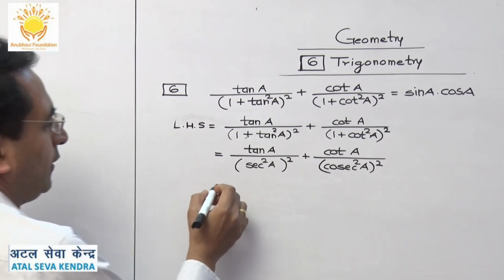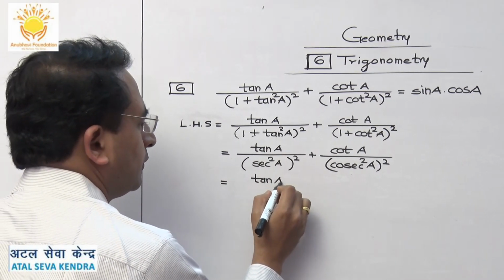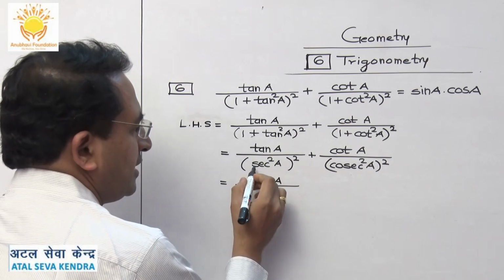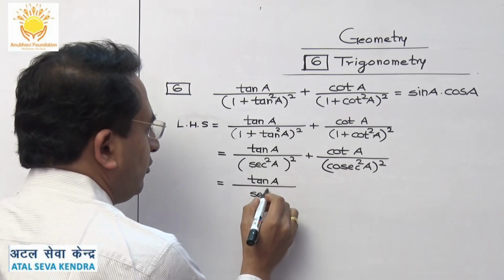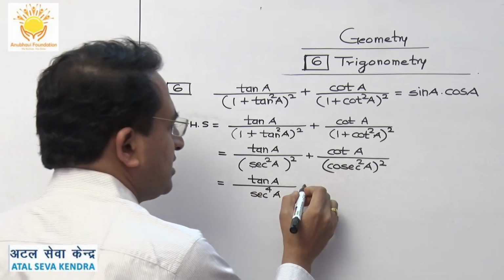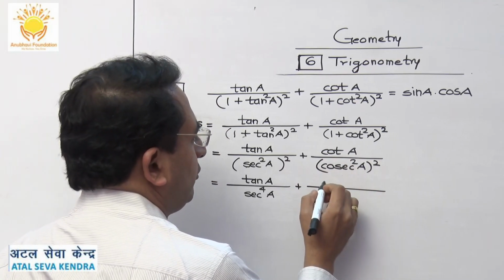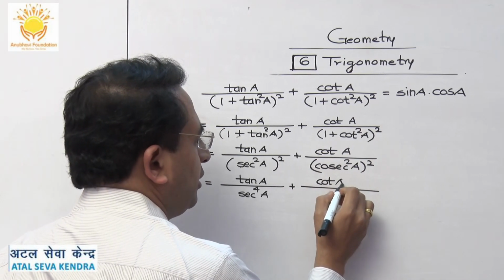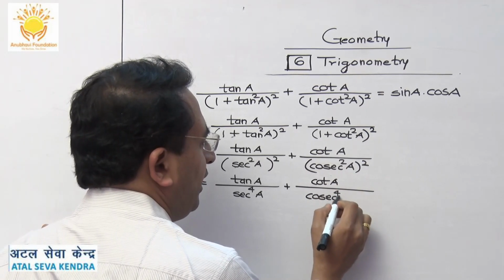Now what I want, this will be tan of A upon sec square, square. So it is going to be sec raised to 4A, plus this is going to be cot of A. So I am writing cot of A here, but I am writing this as cosec raised to 4A.